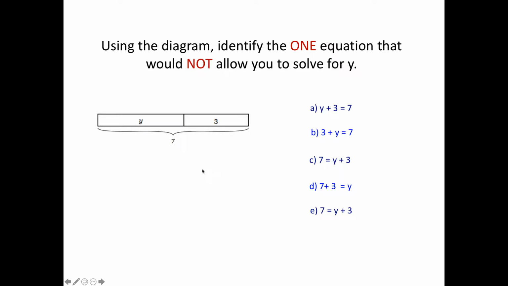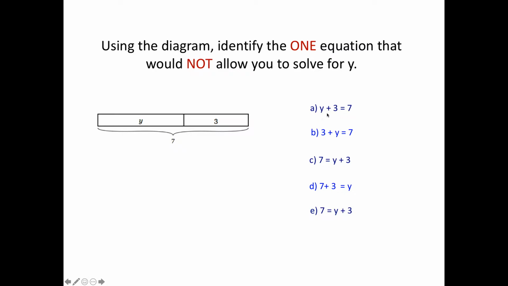Okay, now that you're back, what I notice here is that 7 is the whole length. So it would equal 7. And then y and 3 here, when combined, are equal to 7. So in the first equation, it says y plus 3 equals 7.